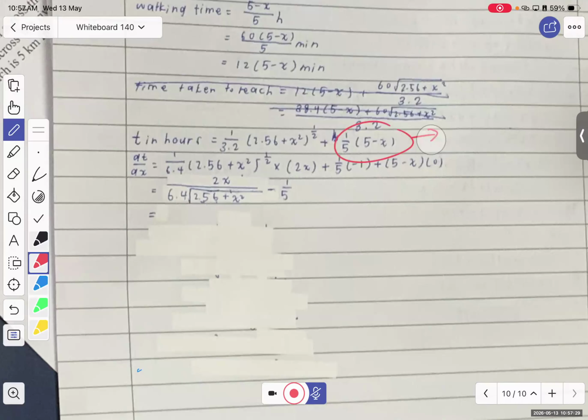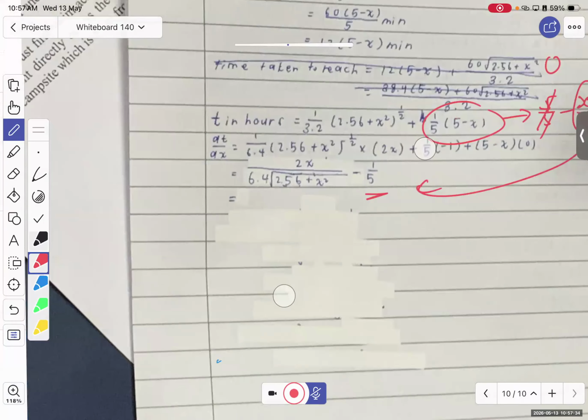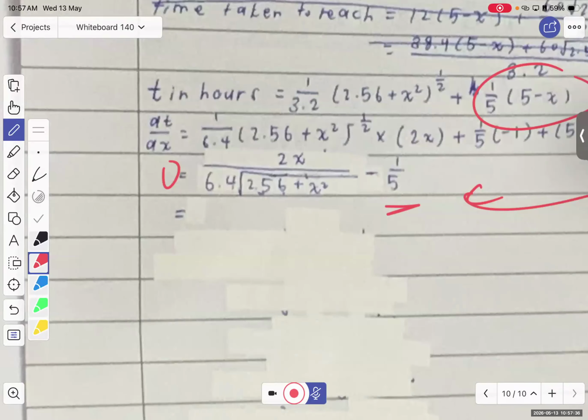So now equal to 0, right? You simplify. What is 2 divided by 6.4? 5 over 16, right? So the area is this part. You write it as 5 over 16, x over square root of 2.5 plus x squared, equals 1 over 5.